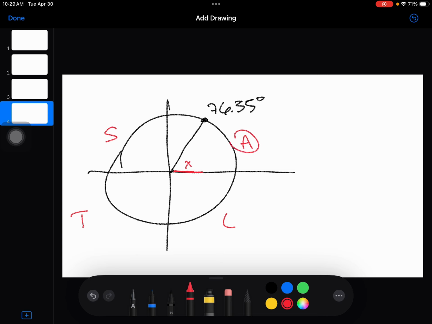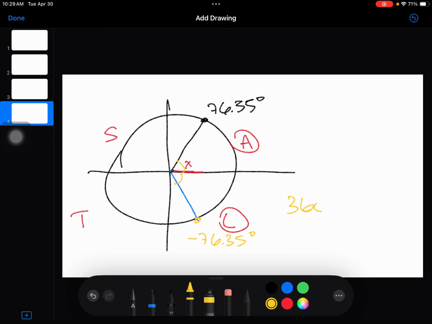All of the functions are positive in the first quadrant. Cosine is positive in the first and the fourth quadrant. So we're going to have another value down here, which is the same reference angle. The reference angle is the angle that it makes with the x-axis, and so those two are equal. And so this is going to be at negative 76.35 degrees.